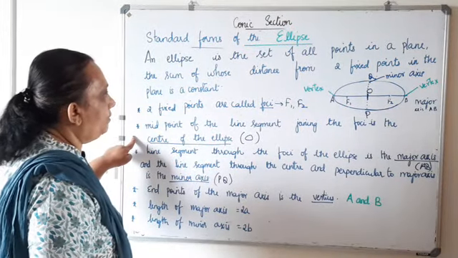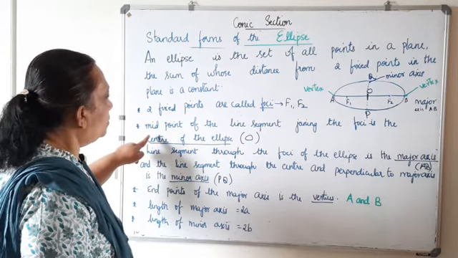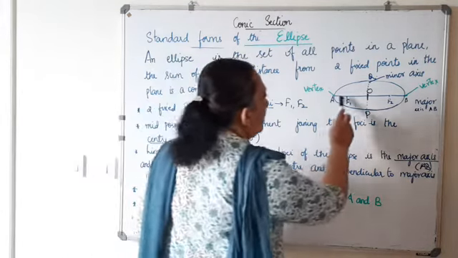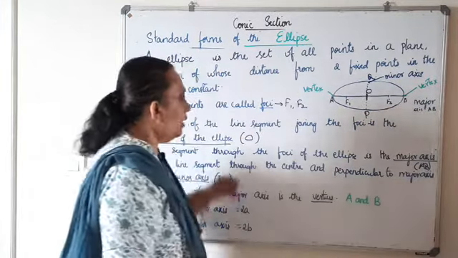The midpoint of the line segment joining the foci is called the center of the ellipse.